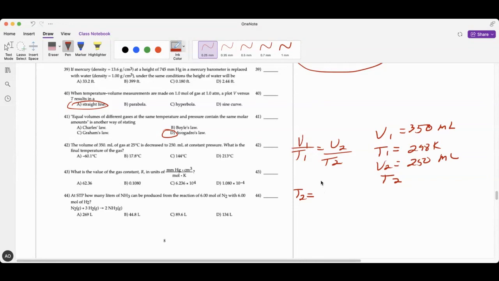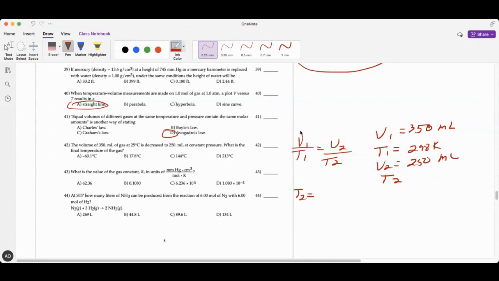Could we also use the equation V2 over V1 equals T2 over T1? Let's see.